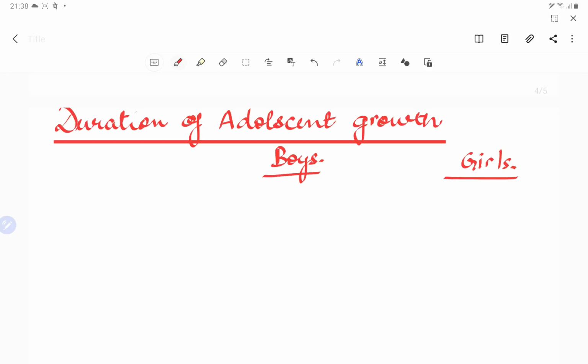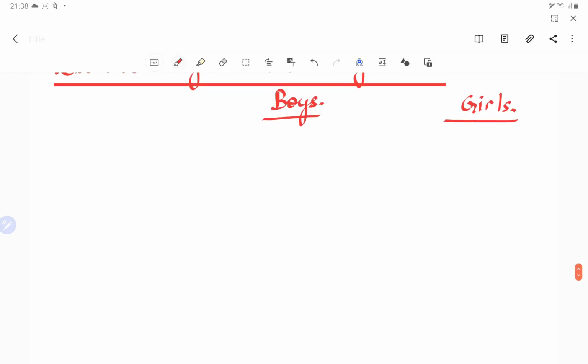Now stage 1, which is the beginning of the adolescent growth.